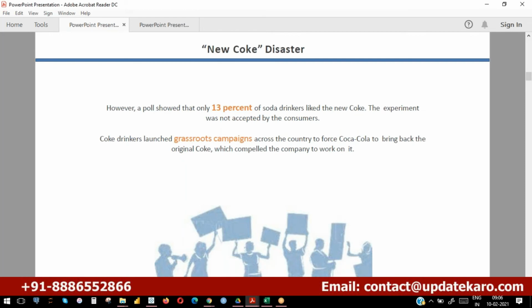So, after the introduction, only 13% of the soda drinkers liked this new Coke. The rest did not like it.